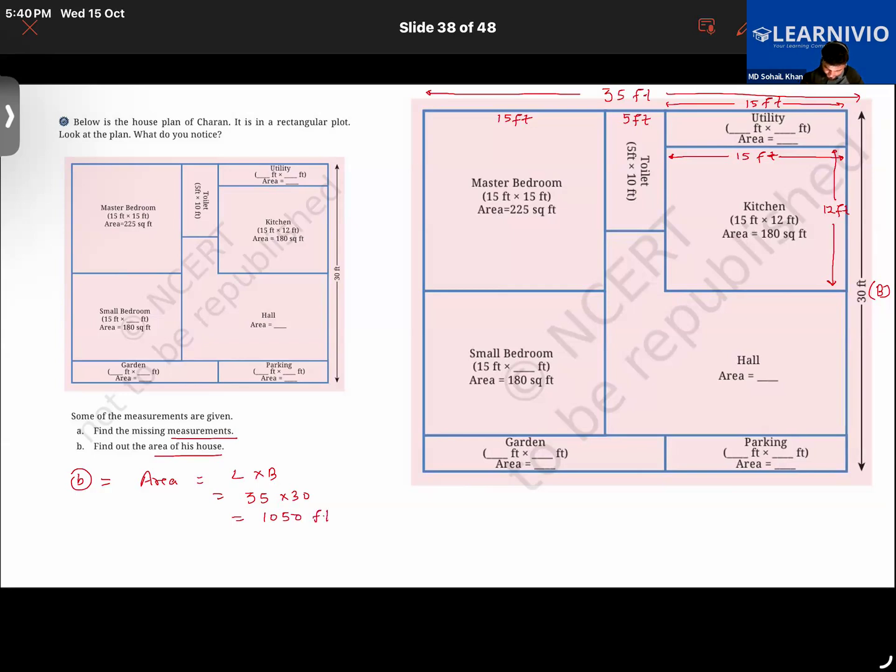So it is 1050 square feet. That will be square feet. Or 1050 square feet, in this manner also it can be written.